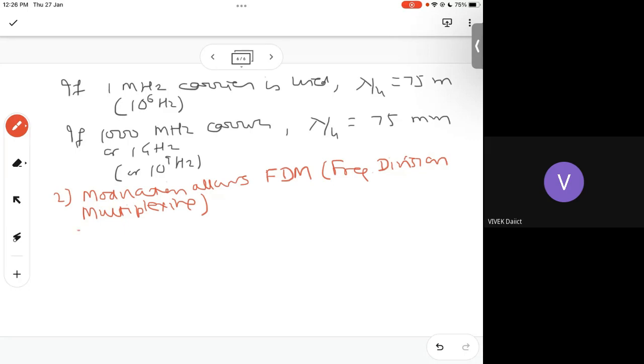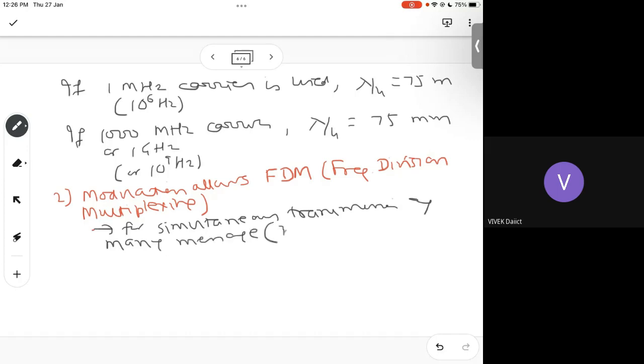Why do we do this? As we discussed last time, it gives me the advantage of simultaneous transmission. I am writing it for you also, of many messages, or what we call baseband or low frequency signals, over a common channel.